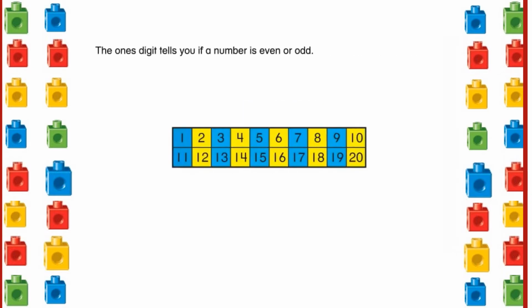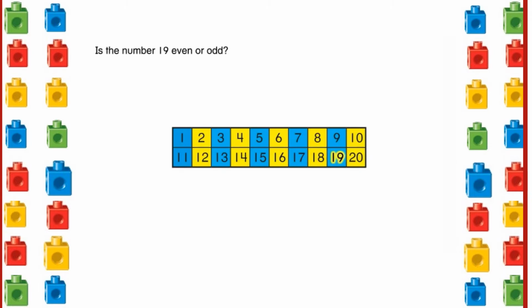The ones digit tells you if a number is even or odd. Is the number 18 even or odd? It ends in an 8. The number 18 is even. How can you tell that 18 is an even number? The ones digit, which is 8, is an even number, so you know 18 is even.